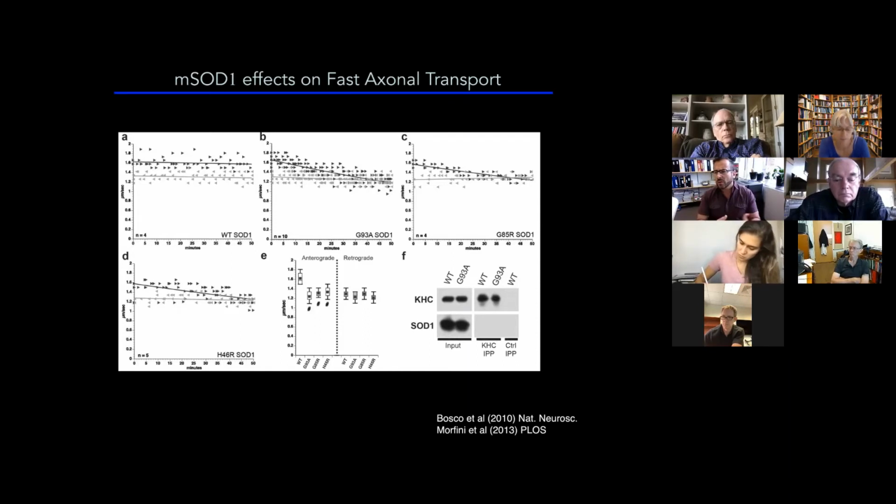So we did a lot of experiments, and we were lucky that another group in Japan was doing concurrent experiments, and we found no evidence of interaction between the SOD1 and any of the motor proteins, whether it's kinesin or dynein. This is what is shown here. You can effectively immunoprecipitate kinesin heavy chain, you see no traces of SOD1, and vice versa. So we found no evidence of that type of mechanism.